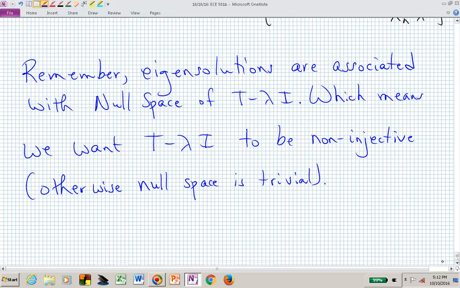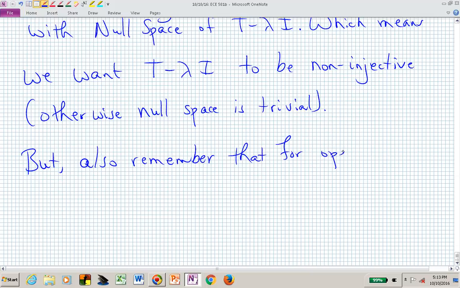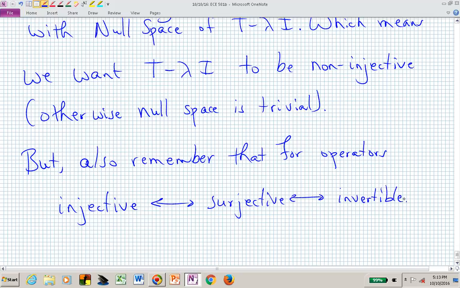And this gets back to what was just commented on before. But also remember this equivalence between different relationships of an operator. Also remember that for operators, if that operator is injective, that's only true if that operator is also surjective, which is equivalent to that operator being invertible.